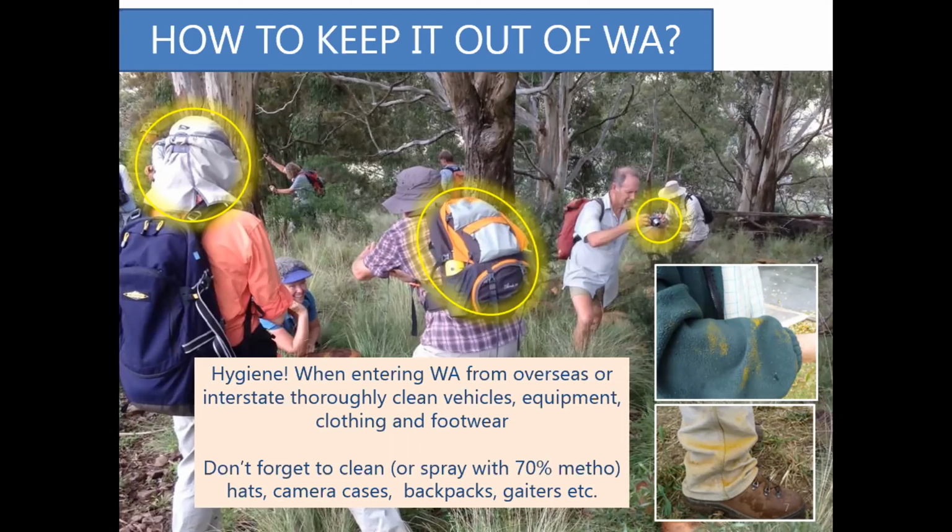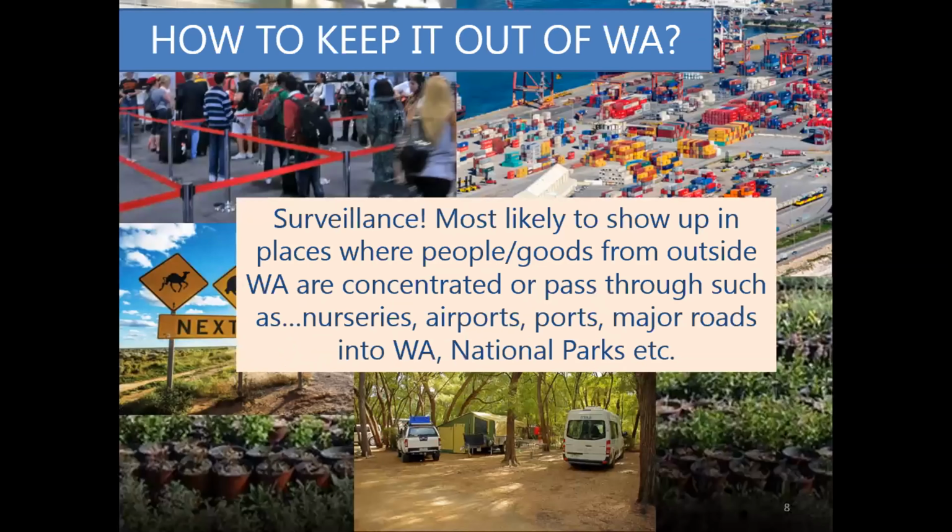So again, like for Phytophthora, hygiene is very important. Remove all the contaminants that can be on your clothes by washing them. You can spray them with 70% ethanol or methylated spirits, and not bring dirty shoes and things like that when you come back from an infested area.